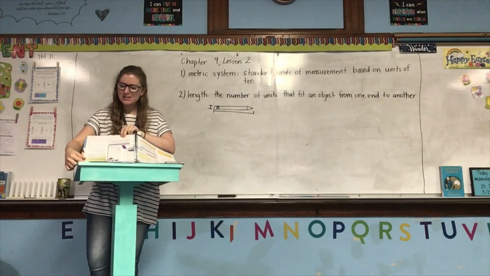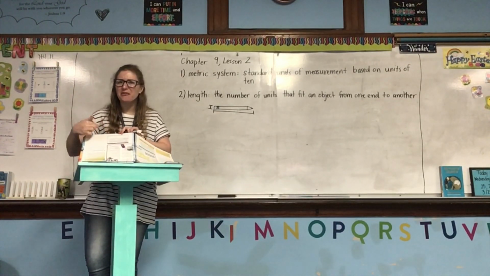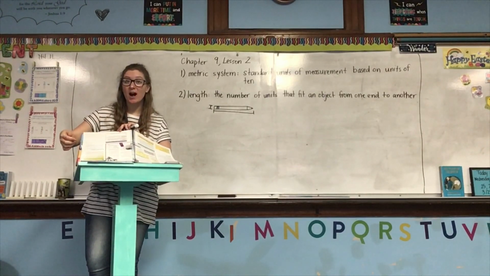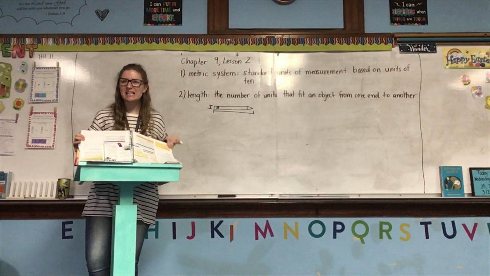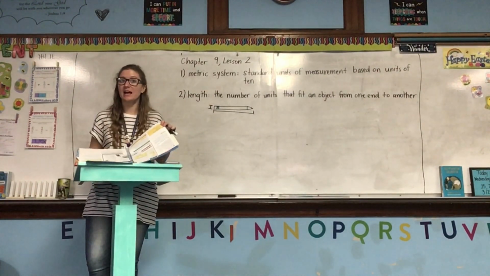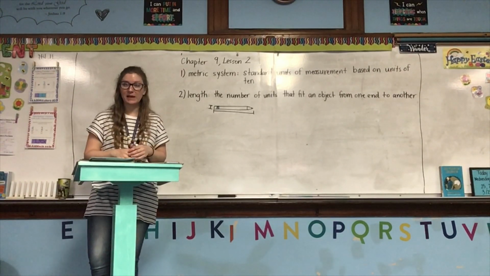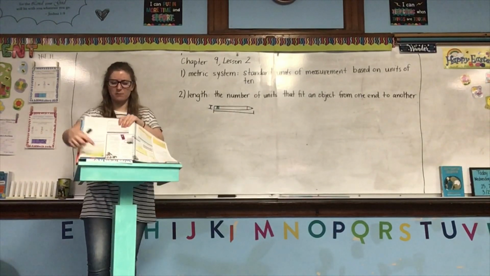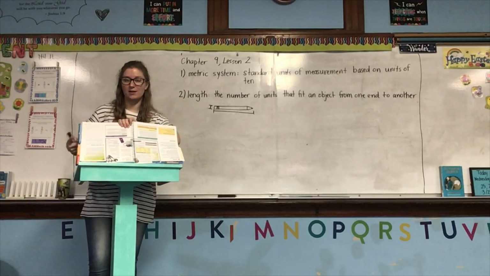And I'd say this may be about a foot from here to here. And then if I want to go across to measure the width, I would measure from here to here, and I'd say maybe about 1.5 feet. Now that is an estimate. It's probably not exactly that, but that's about the length, which is from end to end, and the width, which is across.